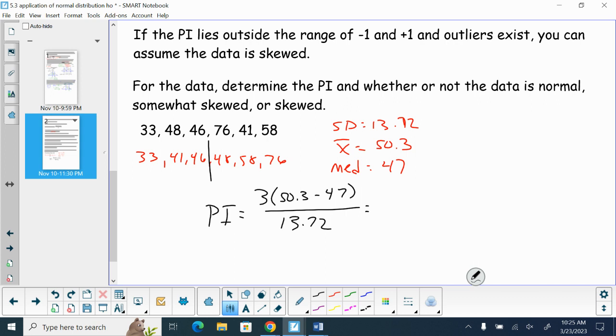So we take 50.3 minus 47, multiply that by 3, and divide by 13.72.